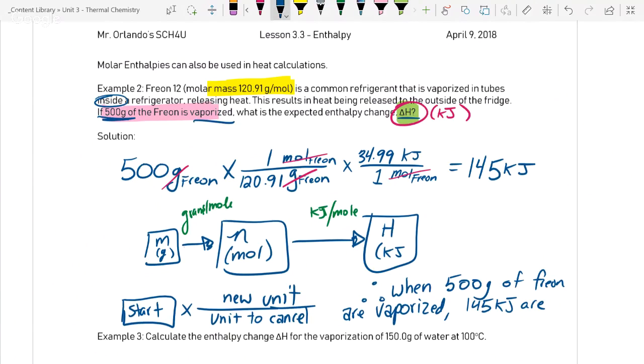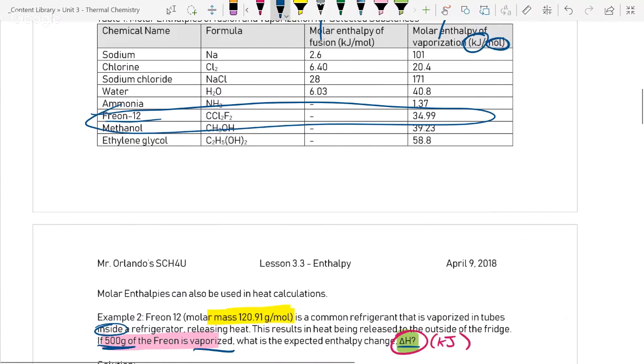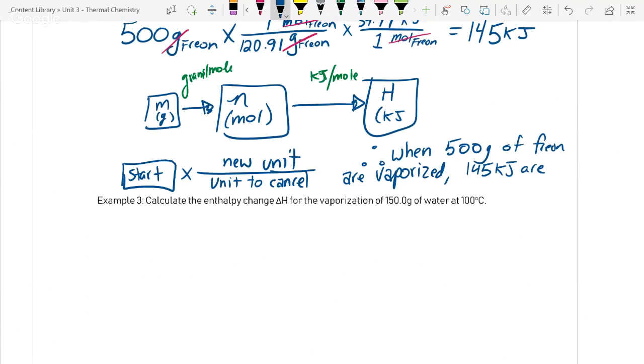So vaporizing, let's go look. Is vaporizing a positive or a negative delta H? Positive. Is that releasing heat or absorbing heat? Absorbing. The surroundings get hotter or the surroundings get colder? Colder. So 145 kilojoules are absorbed.